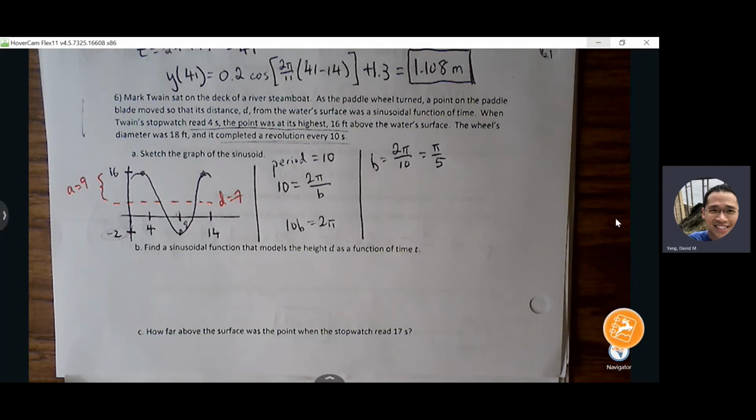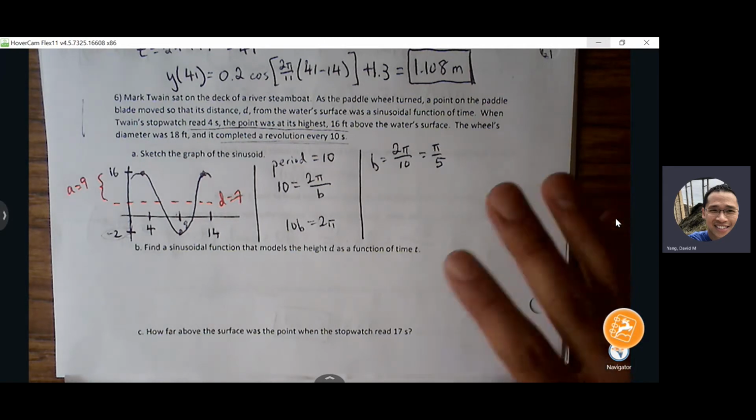Because this problem 6 was a little confusing. Which part was confusing? Like how the wheel is 18 feet, but the highest is like 16. Yeah, I think it'll probably be more clear than that. But this makes sense though, right? Yeah, you can kind of visualize it. Okay.